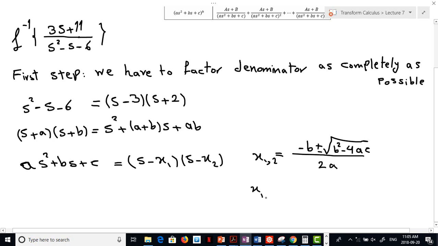So for this example, if you want to find x1 and x2, we have minus b. b in our example is minus 1.